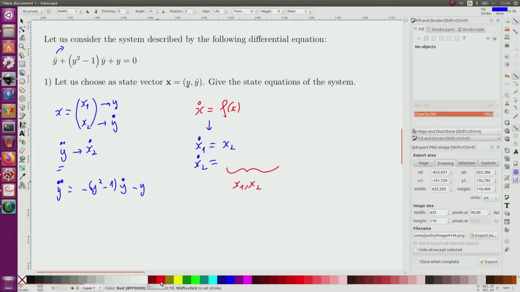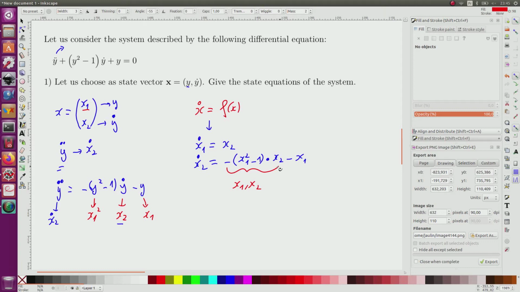Now this one corresponds to x1 square, this one corresponds to x2, and this one to x1. As a consequence, since this one corresponds to x dot 2, here I will have minus x1 square minus 1 times x2, minus x1.